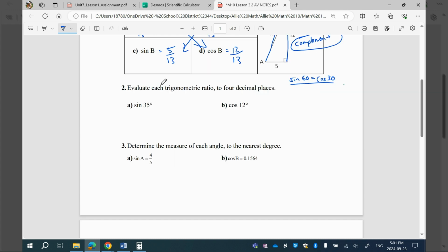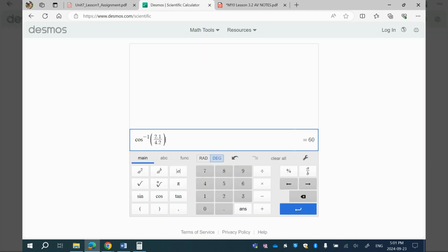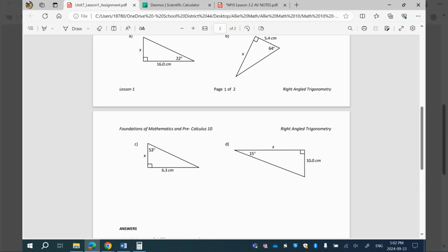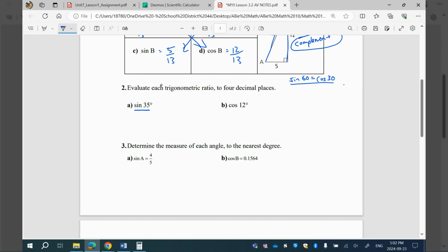So for question number 2, this is just a calculator question. Evaluate each trigonometric ratio to 4 decimal places. We're going to use our scientific calculator for this. We're just going to input sine 35, and we get 0.5738. And for the next one, just make sure that you're using the correct ratio.